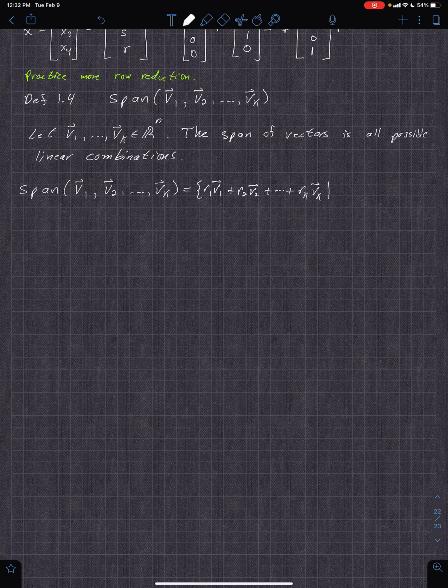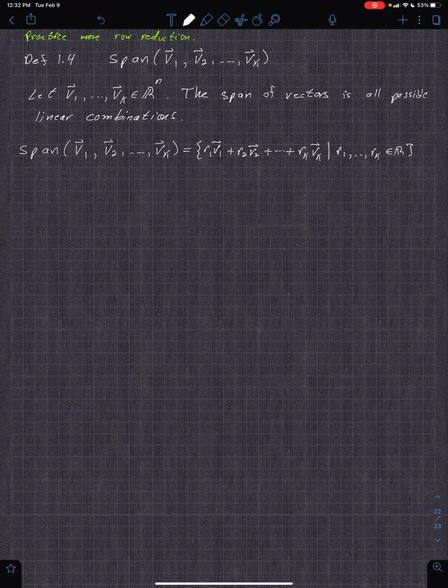So it's that sum, changing all those vectors around, such that r1 to r sub k are real numbers. These are your scalars. So that's what it means to be a linear combination, right? A scalar times a vector plus the other vectors.